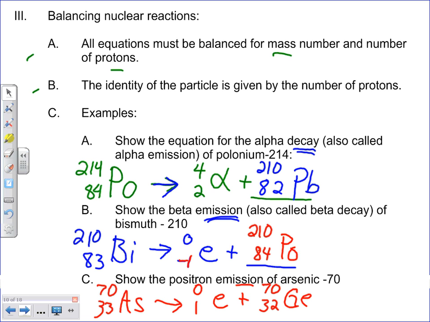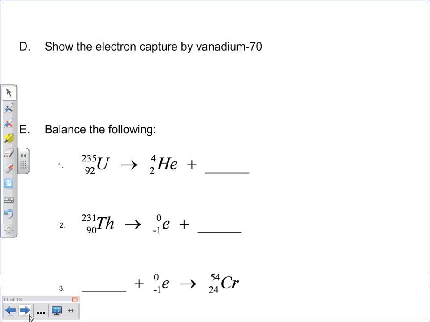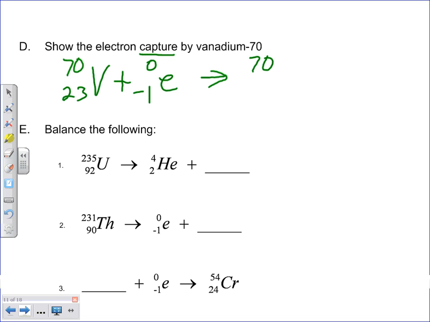So that's how you go through balancing. And then here's one where it says electron capture by vanadium 70. So vanadium 70 is going to look like that. Electron capture, that's going to be a reactant. I'm grabbing an electron, so that looks like that. And then it results in a transmutation of, from 23 it goes to 22, which is manganese.